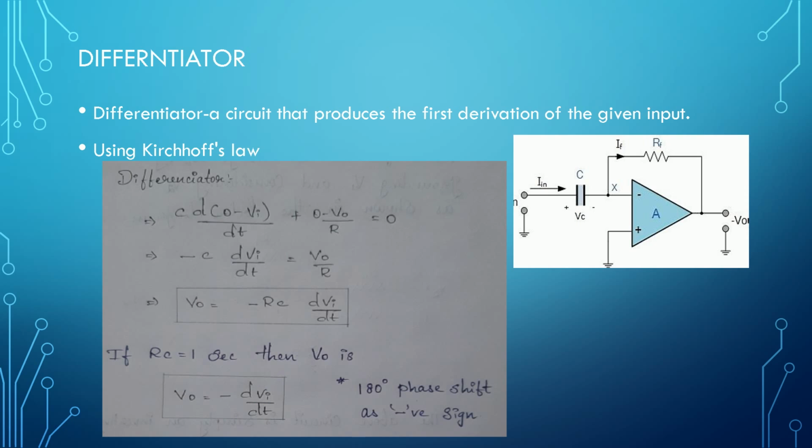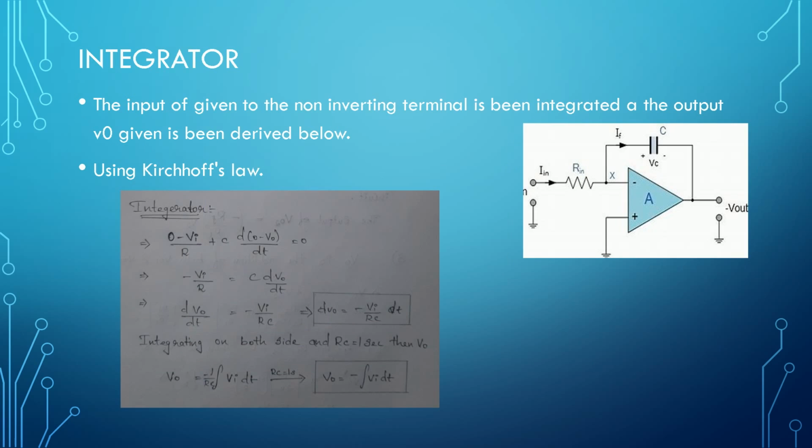the output signal. Same as we see in the differentiator, the integrator also has the same operational amplifier circuit, but the capacitor is given in the feedback and the resistor is given where the capacitor was placed in the differentiator.